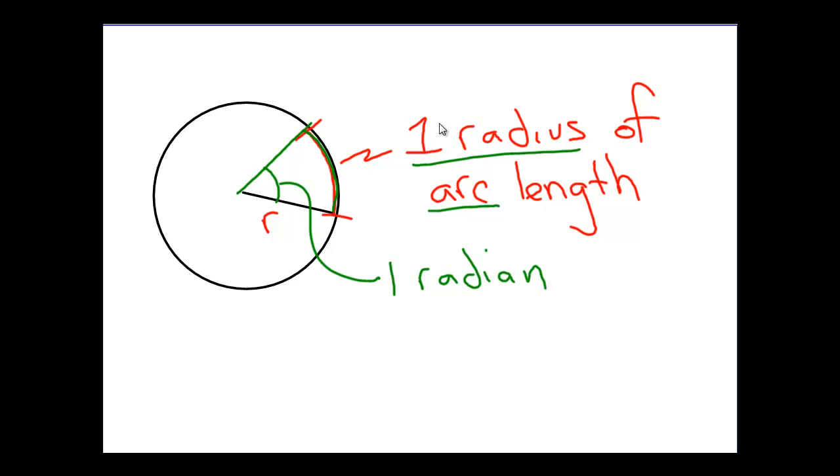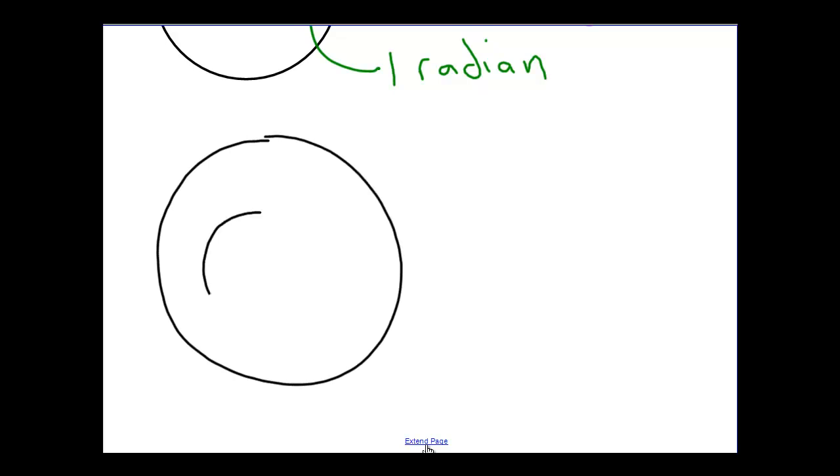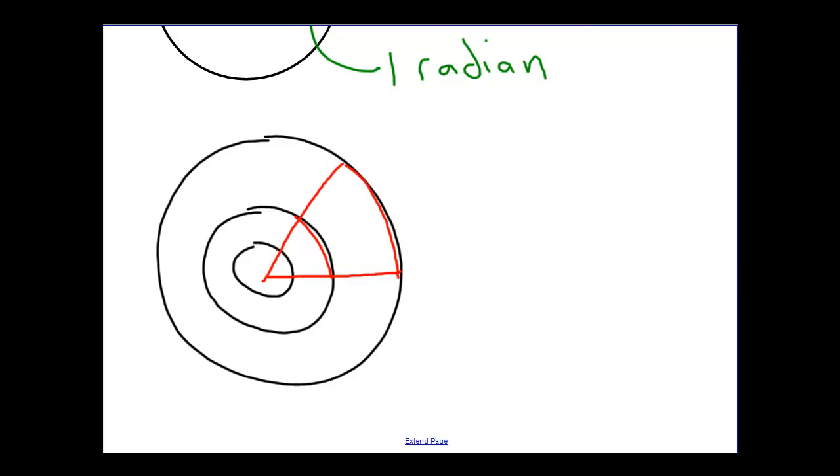circle itself. Now, an interesting thing here is if we look at several circles together, if we look at several concentric circles, and I will just sketch this out here. If we look at 1 radian in the larger circle, that gives us 1 radian in the smaller circle and 1 radian in the smallest circle. So this is a consistent way of measuring, and 1 radian of angle measure will be the same size angle regardless of the circle we're talking about, because the circle changes size as well.